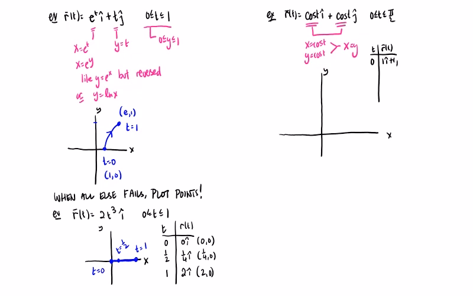We get 1i plus 1j, so 1, 1. And then we get to the point pi over 2, we get 0i and 0j, so 0, 0. So what happens in this picture is it's just a line segment, interestingly enough. I didn't actually need all this picture. It begins right here at 1, 1. Heads into the origin.